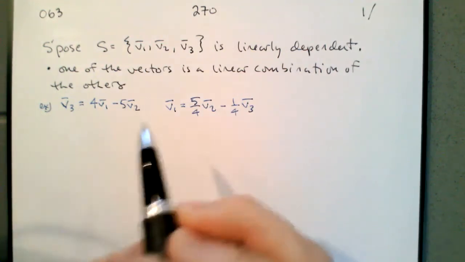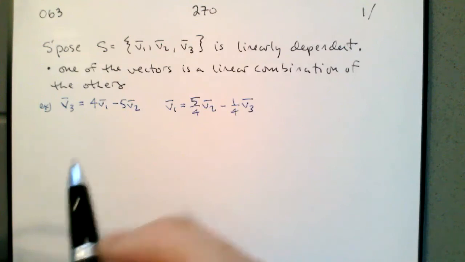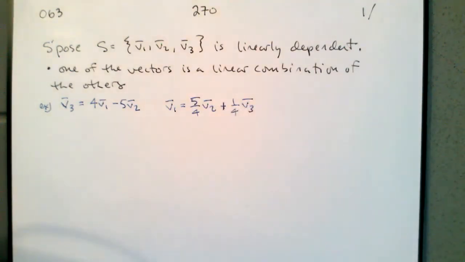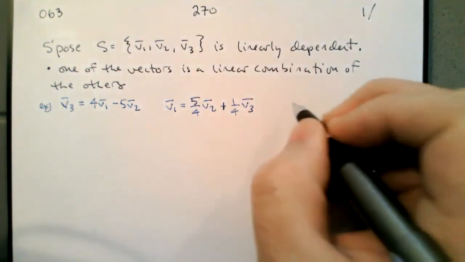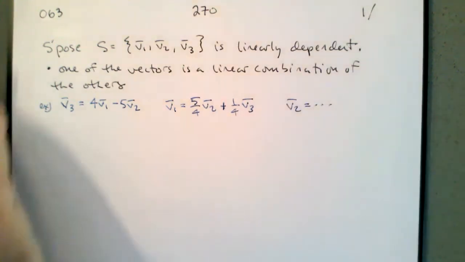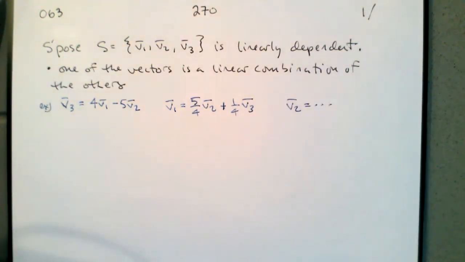Put the V3 over here, divide by -4. So we could also solve for V2. We divide by 5 and move things around. So there's a dependence relation.